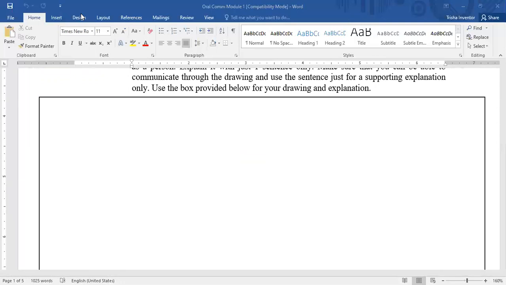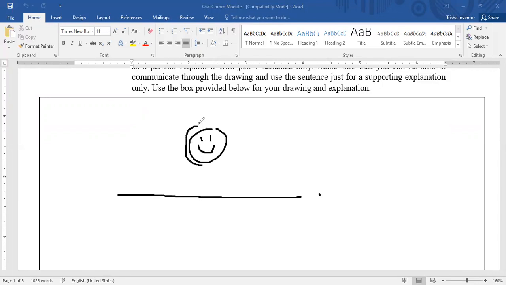Okay, for example, this is your drawing. Wow. This is your drawing that best symbolizes you. And then in here, just make one sentence of explanation about this drawing.